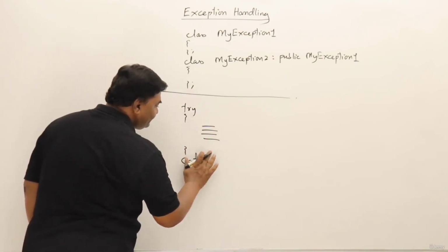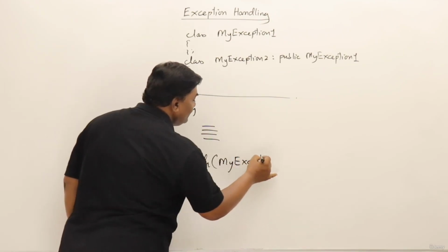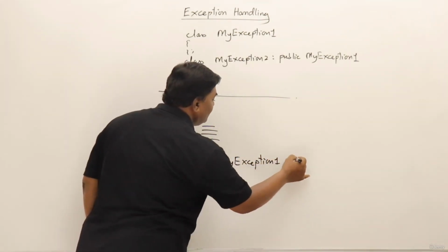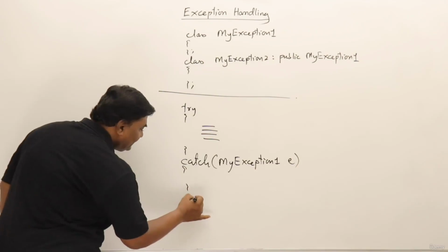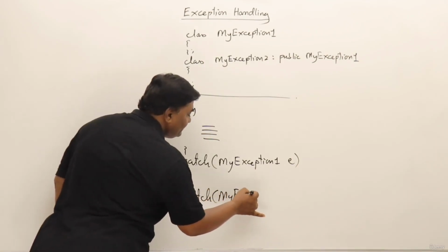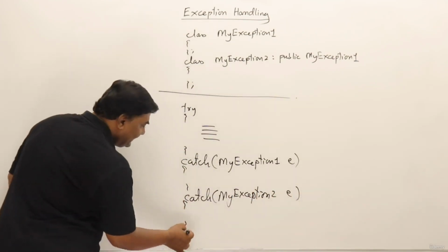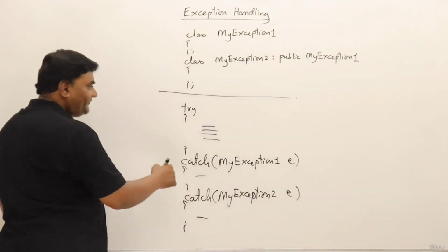So I will catch both the exceptions. My exception 1 and then also I will have a catch block for my exception 2. So I am having two catch blocks for handling each type of exception.